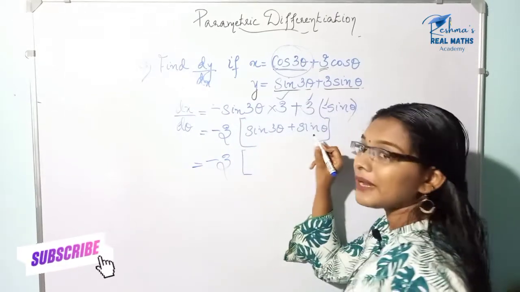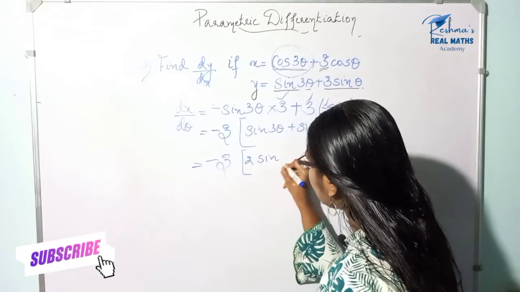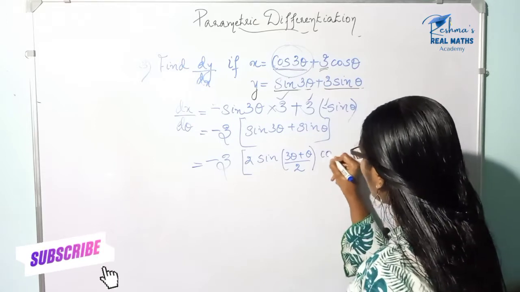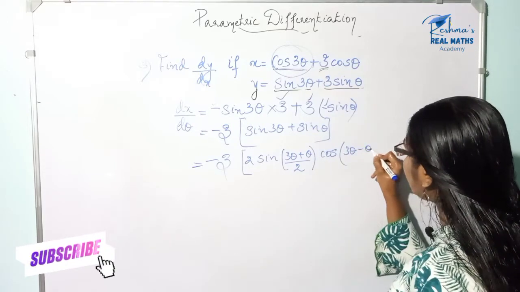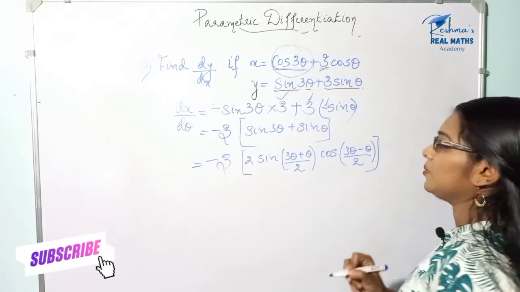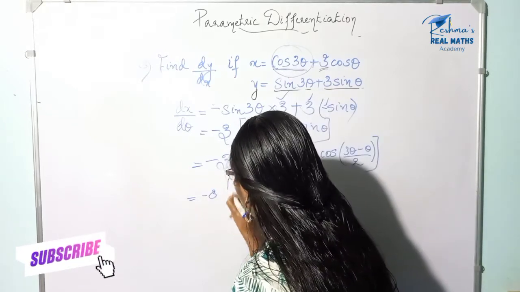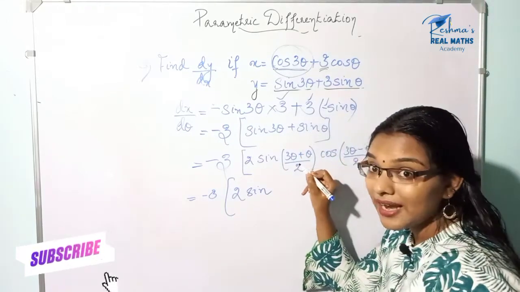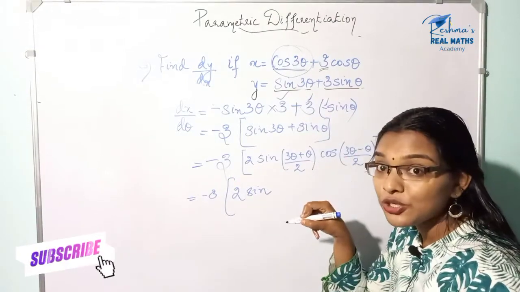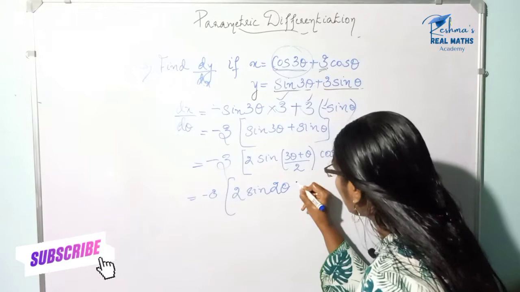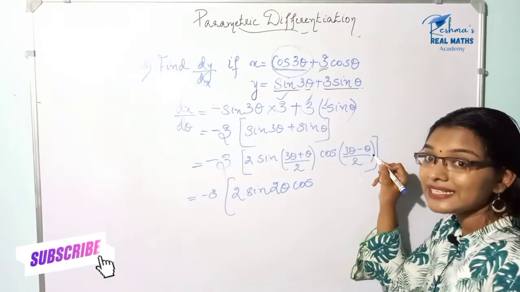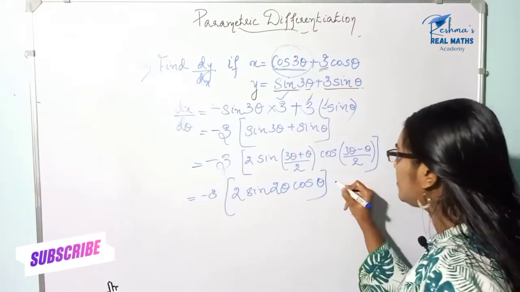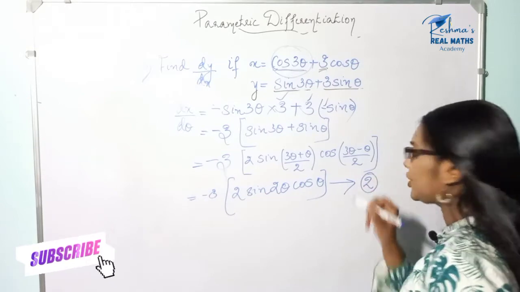Equal to minus 3, 2 is written as such. Sin (3 theta plus theta), 4 theta, 4 theta divided by 2, 2 theta. Cos (3 theta minus theta), 2 theta, 2 theta by 2, theta.